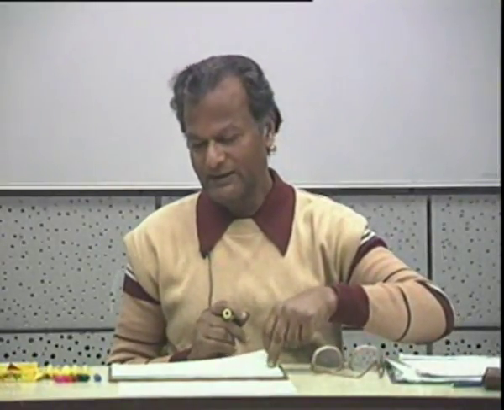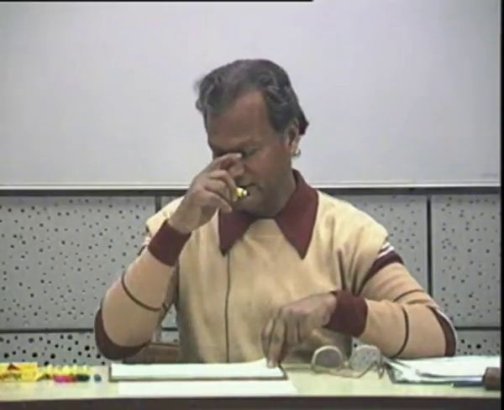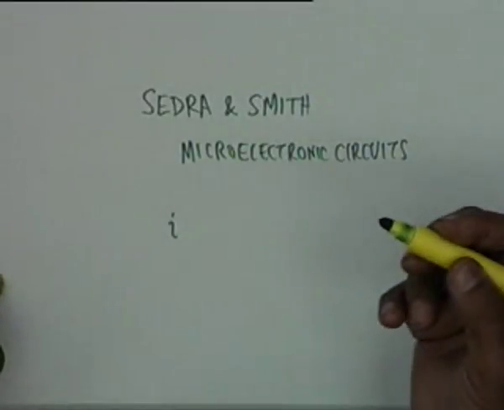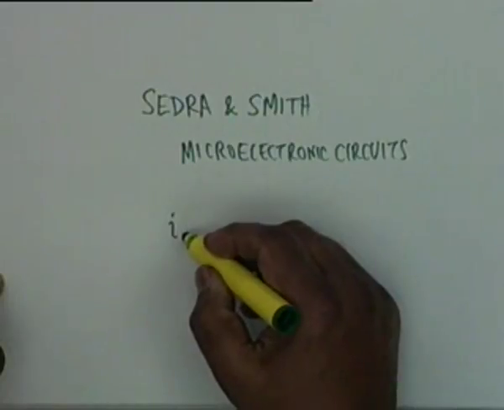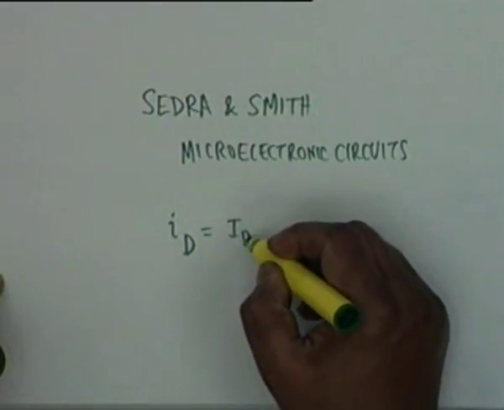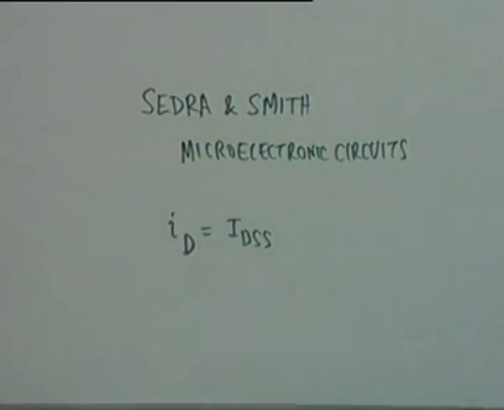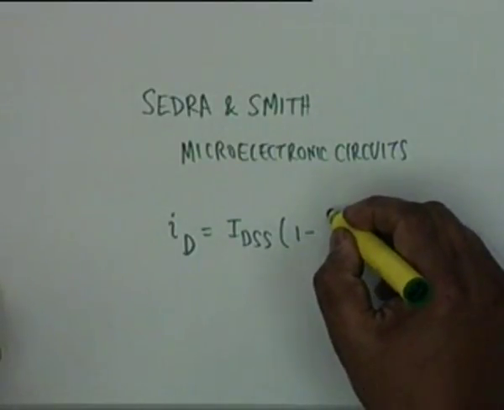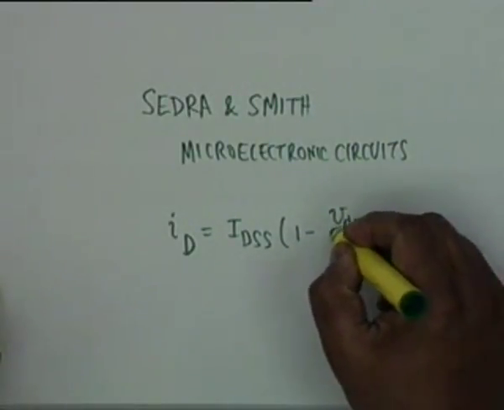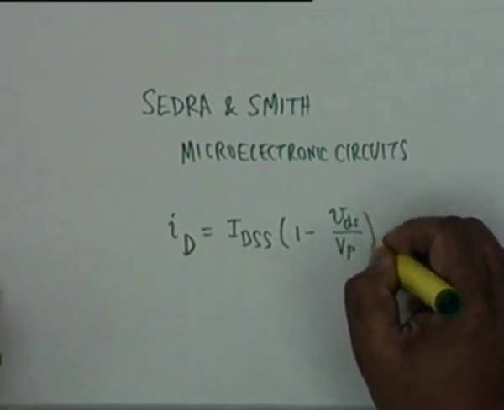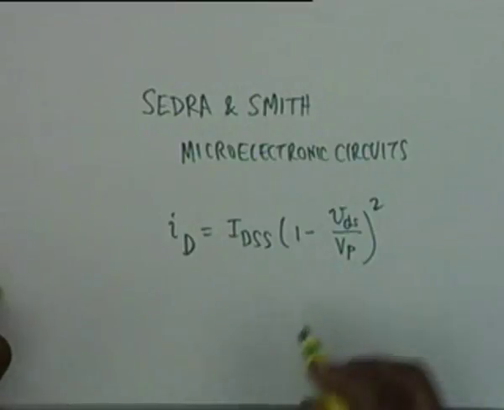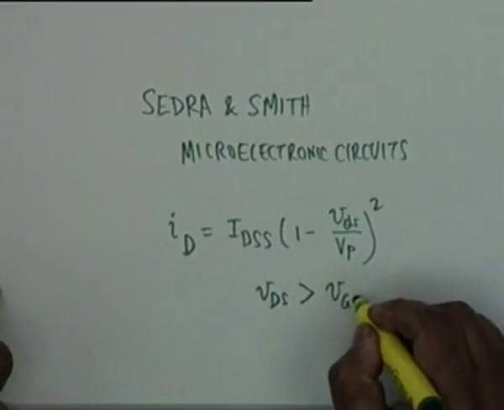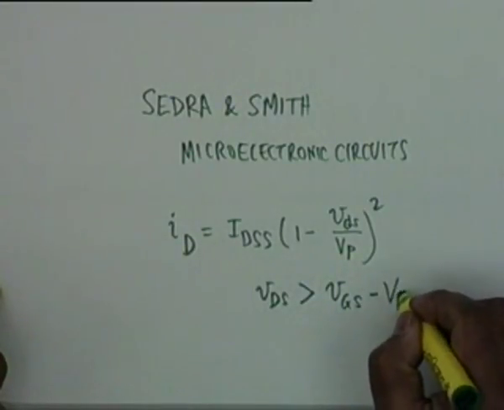The other thing that I wanted to mention is that in the discussion on FET, this will be required in solving one problem. Our relation is ID equal to IDSS times 1 minus VGS by VP, whole squared, provided VDS is greater than VGS minus VP.